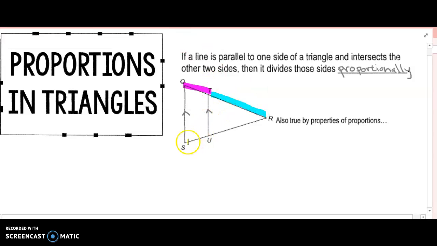So this one, this one, this one, and this one. Okay, so I can say if that happens, if I let this be A, this be B, this be C, this be D, then I can just say A over B equals C over D.